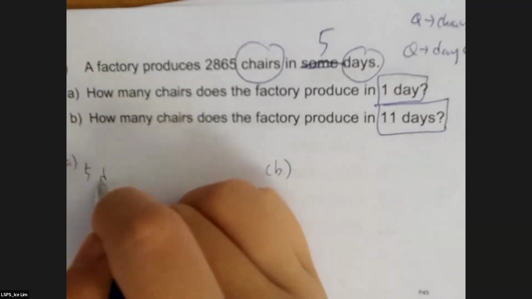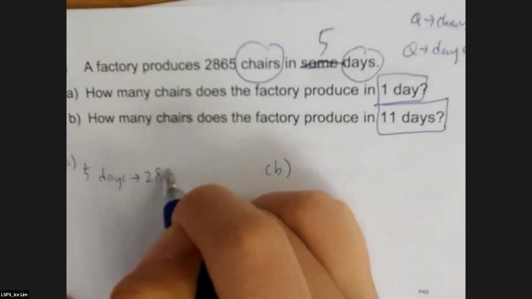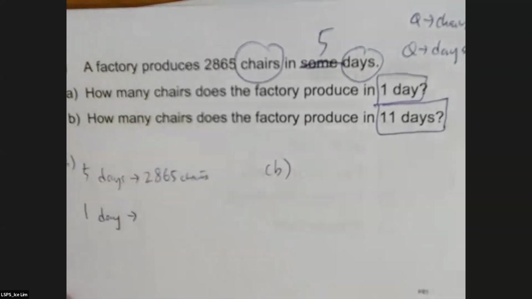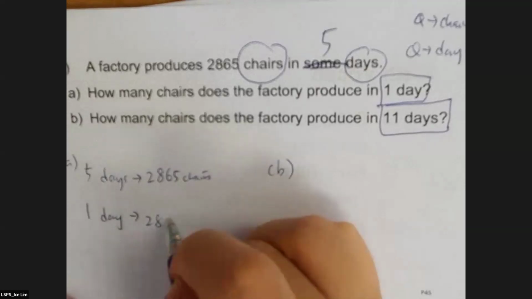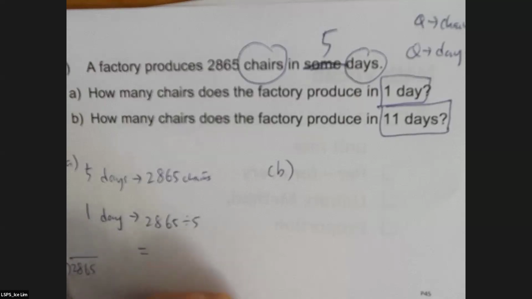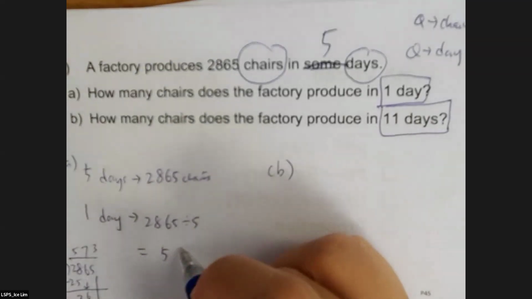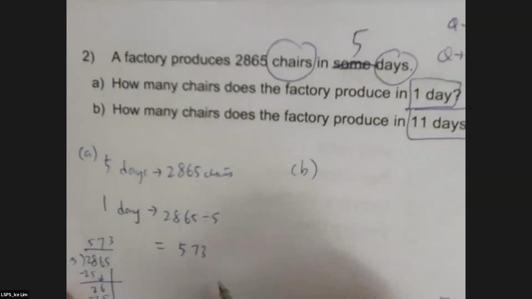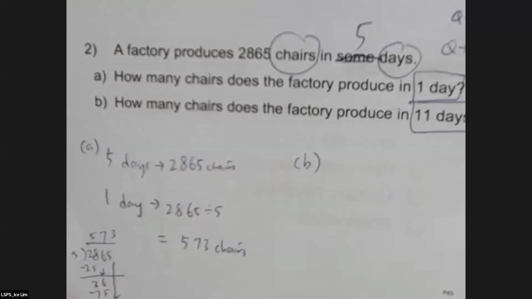So I've got 5 days, gives me 2,865 chairs. 1 day will be 2,865 divided by 5, which is 573 chairs. Is this correct?